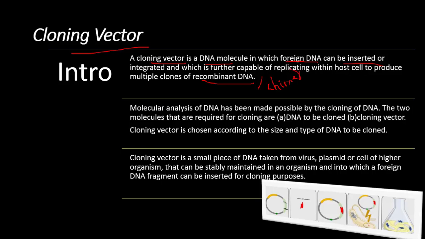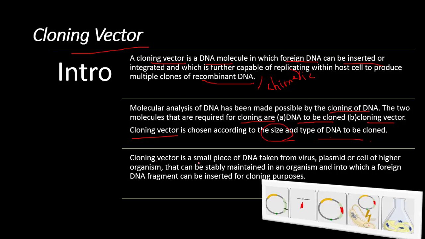Molecular analysis of DNA has been made possible by the cloning of DNA. So what are the two main molecules required for cloning a DNA? The first one is our required DNA or gene of interest, and the second one is the cloning vector. Cloning vectors are of different types, and the cloning vector we choose depends on the size of the DNA which we want to clone.